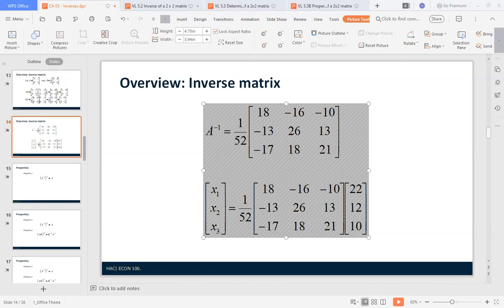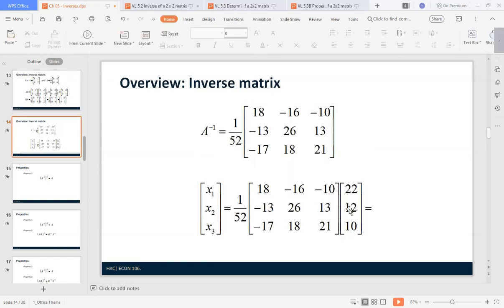So in that case, what is the value of x1, x2, and x3? Let's try to solve this one. First, as you can see here, multiply the inverse to the constant. Either way, you can arrive at an answer. We can first start with multiplying every element by this scalar, so 1 over 52 multiplied to every element of the inverse matrix.